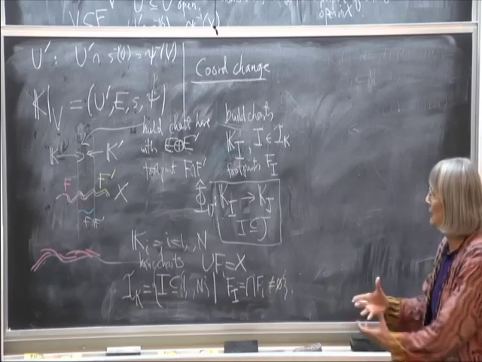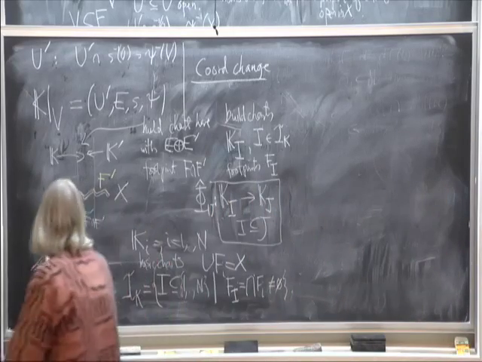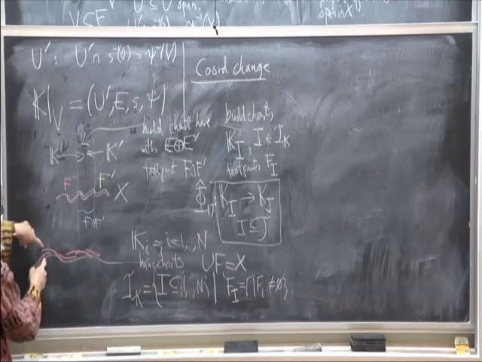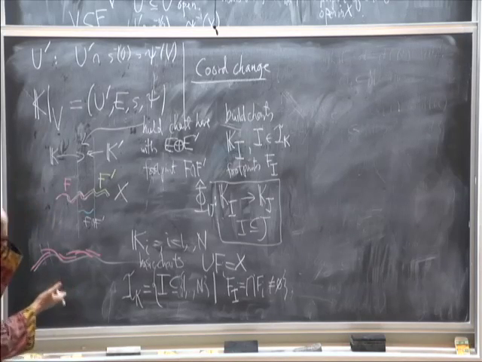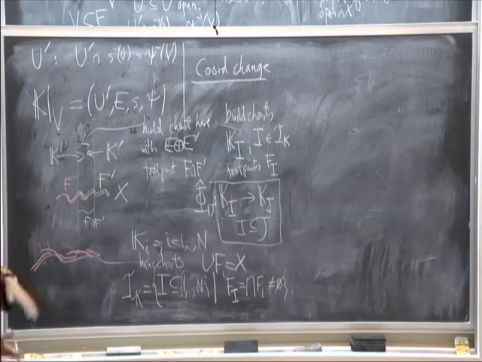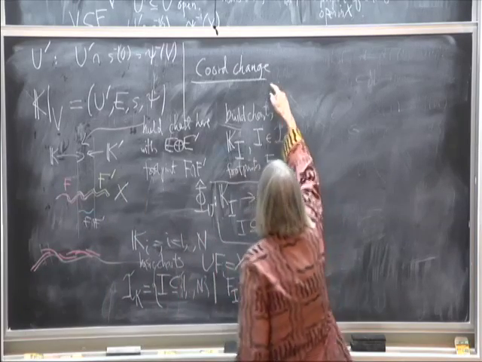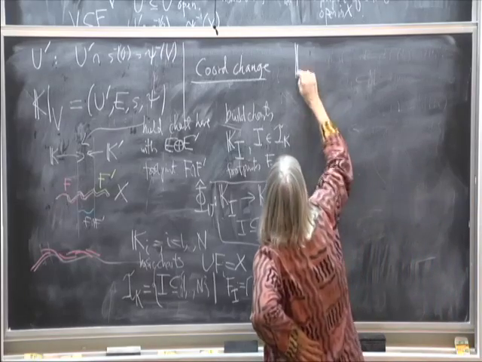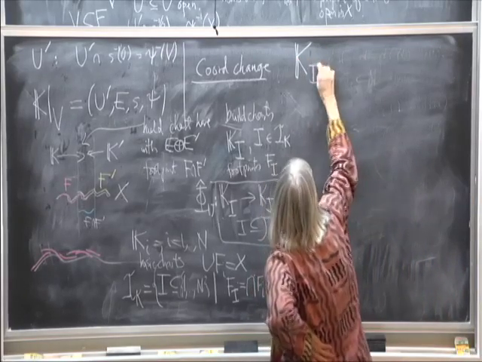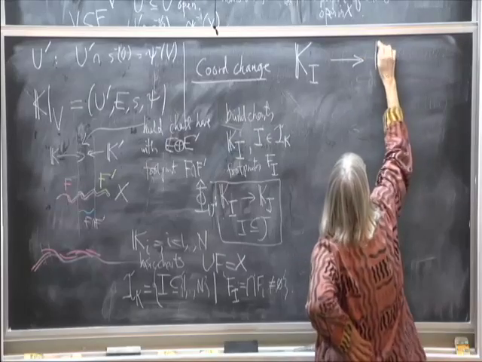And so you see, over an overlap of two things, your bundle is just a sum. Over an overlap of three things, it would be a sum of three things, and so on. So the bundle is going to get bigger, typically. But if we just want to define one coordinate change, let me tell you what a coordinate change is, and let me use the notation from Ki to Kj.